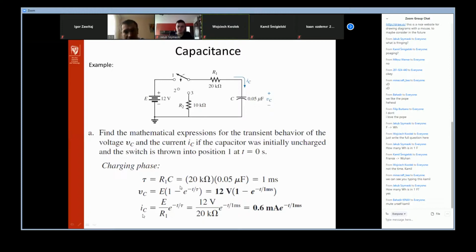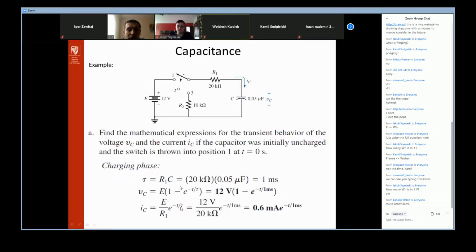What about the current? When you turn on the switch to the first position, we know that the current has the maximum value and then goes to 0. So the maximum value is limited by this resistor. Yeah, that's right. The maximum value is equal to E over R1, and this is the expression for the exponential function.